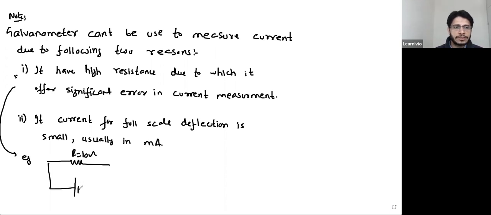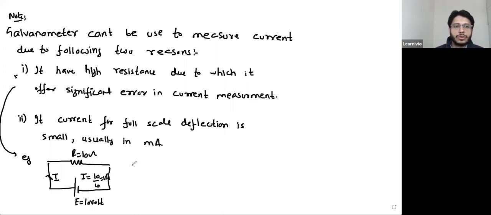I connect this resistor to a cell of 10 volt. The current flowing through this is I. How much is I now? Yes, it's 10 by 10, which is 1 ampere. So 1 ampere of current is passing through it.